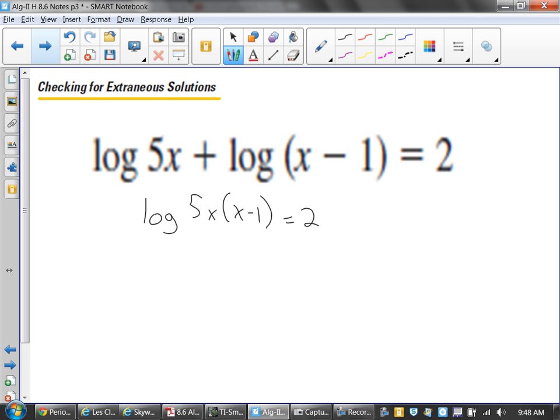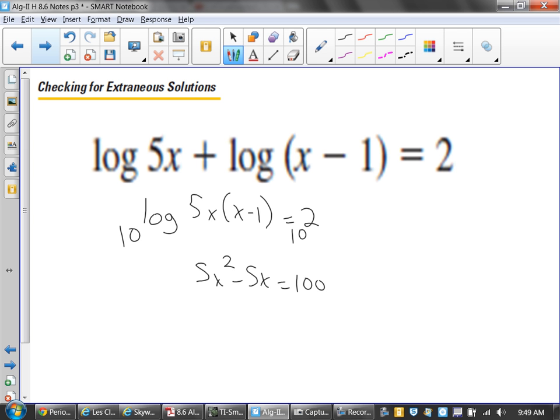I could distribute that if I want, or what am I going to have to do in order to get rid of that log anyway? Exponentiate it by 10. If I raise this up here, now I'm going to be left with 5x squared minus 5x is 100. Does everybody agree with that? What I did is I just combined a couple of steps at once.